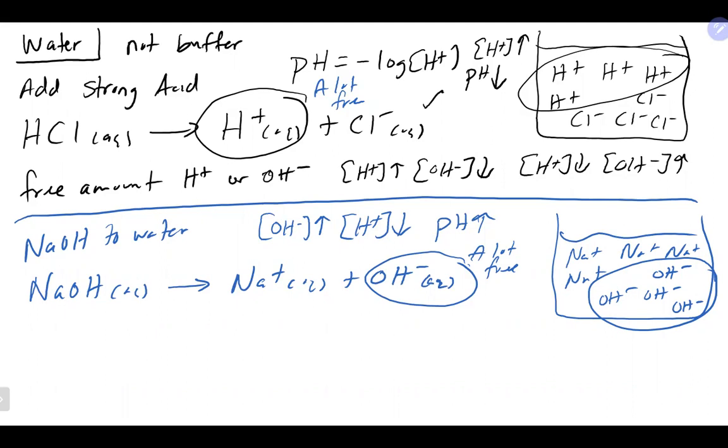So let's see what happens if we add the same acid and base to a buffer situation. Let's say we had a buffer. Acetic acid with sodium acetate is a popular buffer. That is a weak acid, and its conjugate base is known as the salt of its conjugate base because it has a sodium.